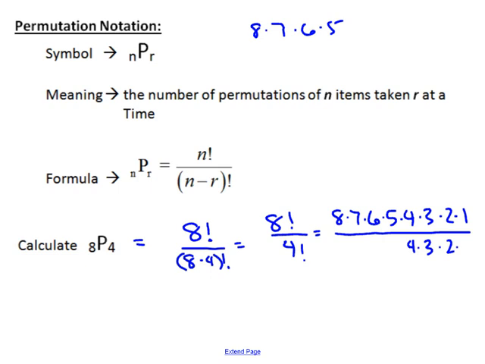So I have 4, 3, 2, 1, because factorial means go all the way down to 1. You learned a long time ago that whenever we have fractions, you can cancel tops and bottoms. And look, 8p4 comes out to be 8 times 7 times 6 times 5. The end. Done.